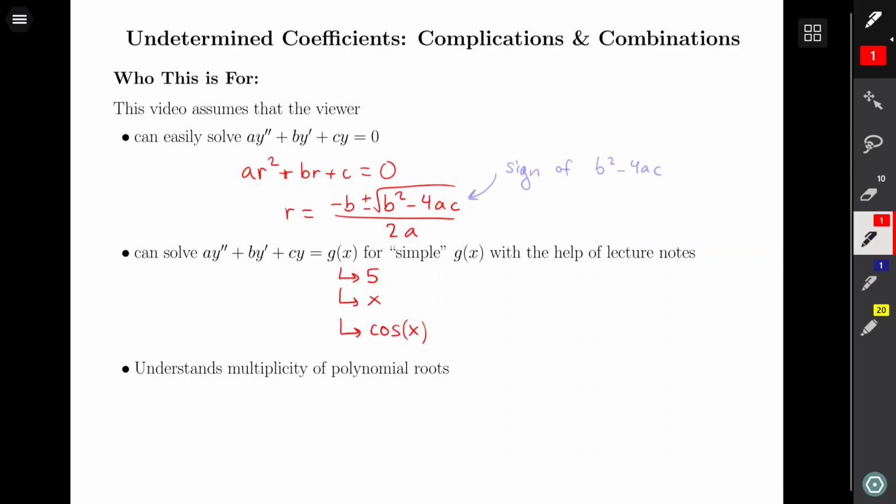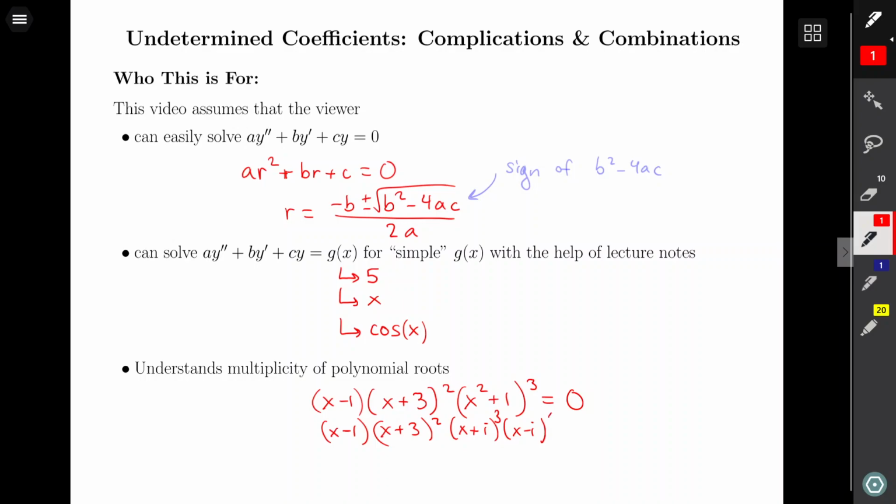And the third thing I'll assume is that you have an understanding of multiplicity of polynomial roots. So for example, if I gave you the polynomial (x minus 1) times (x plus 3) squared times (x squared plus 1) cubed, you could of course factor that just a tiny bit if you allow for complex numbers. So I'll do that. So that would bring this into (x plus i) times (x minus i), each of those with an exponent of 3.